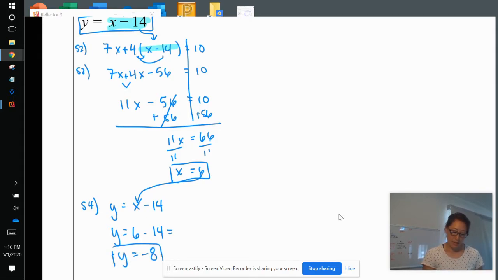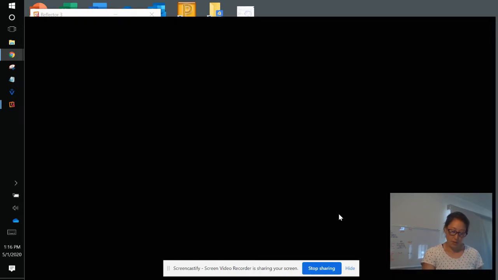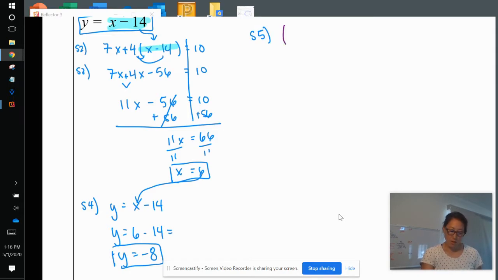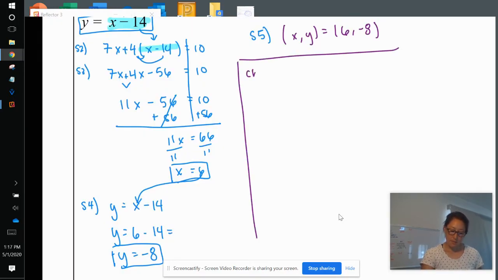All right, step 5 is to write our solution as an ordered pair of x comma y, which is 6 comma negative 8. And then after that, we need to do our check, which is step number 6.